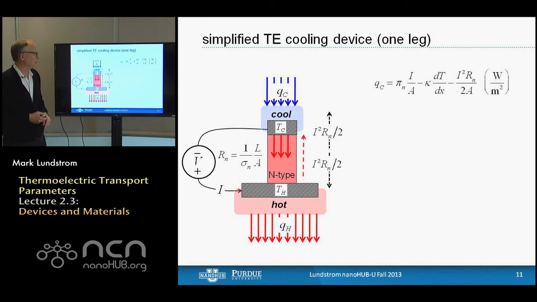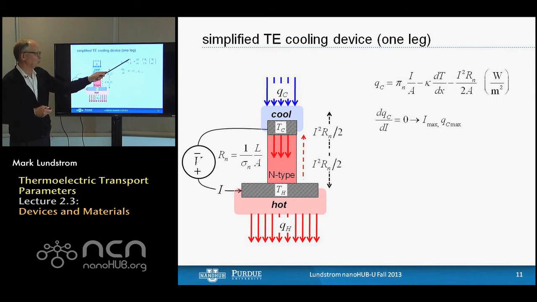So we can write a little equation. The heat flux that we're pumping from the cold side is equal to the Peltier heat flux we're pumping minus the thermal back diffusion minus half of the I squared R power loss. That's just a balance equation that accounts for all of the flows. Now we could ask ourselves, what is the biggest heat flux that we could pump?